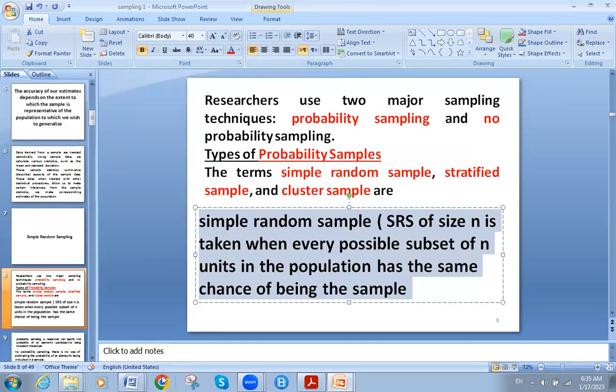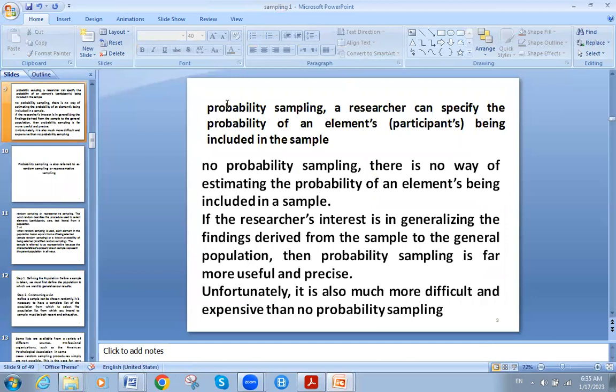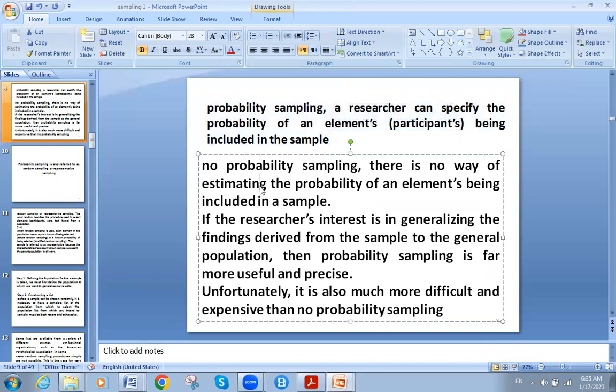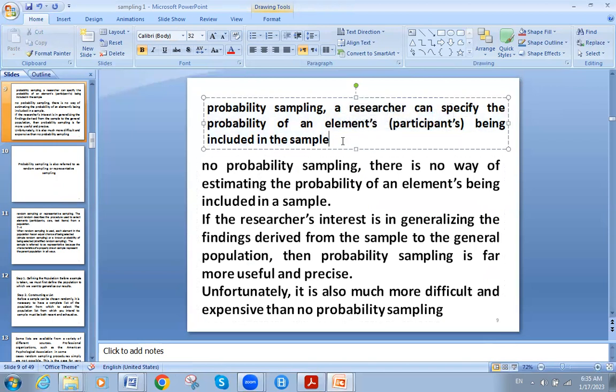In probability sampling, a researcher can specify the probability of an element or participant being included in the sample. So this depends on probability, and at the same time all the units have the same chance to represent the population.